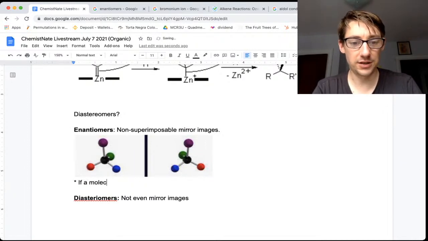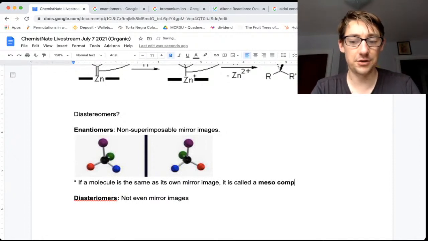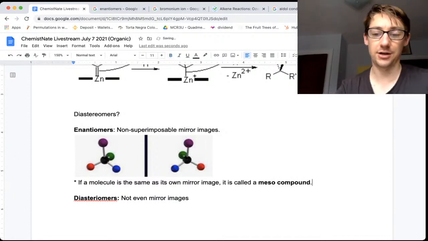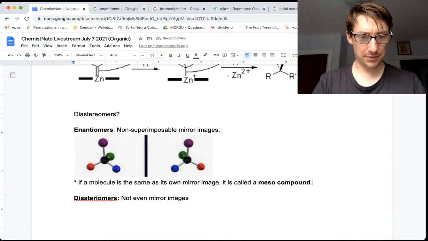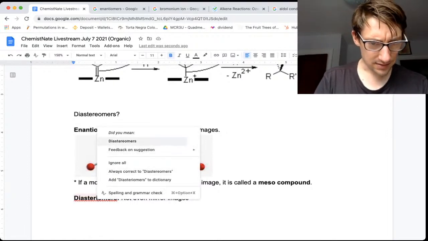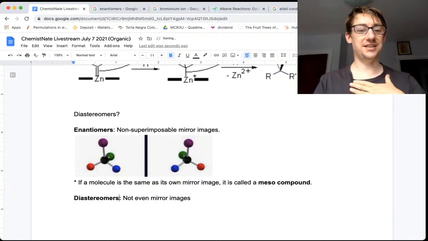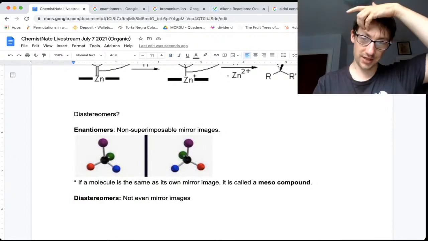If a molecule is the same as its own mirror image, it is called, I believe the word is meso compound. Correct me if I'm wrong. But diastereomers, is that how you spell that? Oh, I used the wrong letter. Diastereomers are basically not even mirror images of each other.